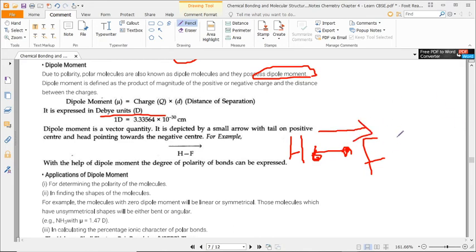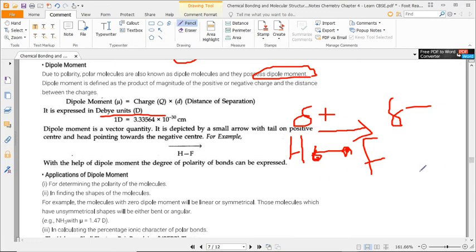That is why it is gaining a partial negative charge and this is gaining a partial positive charge. So this is a vector quantity. So there arise poles and there arises dipole moment, and it is a vector quantity because it points towards fluorine and not towards hydrogen. Got it? Okay.